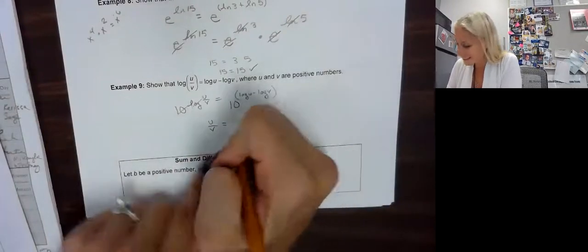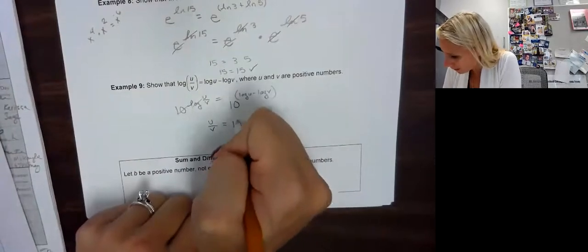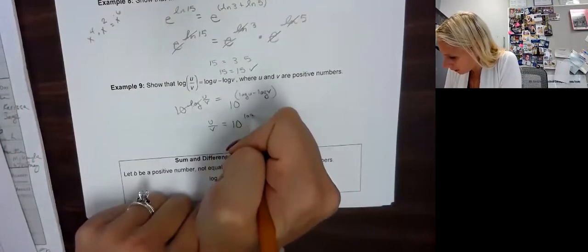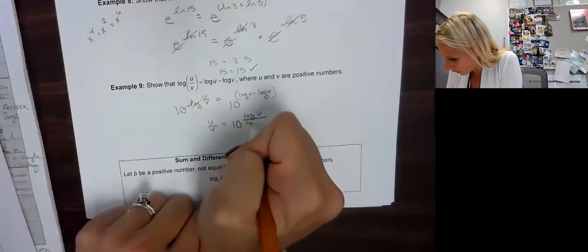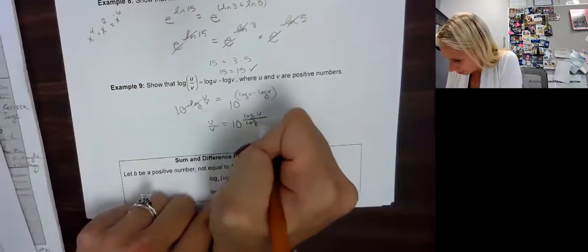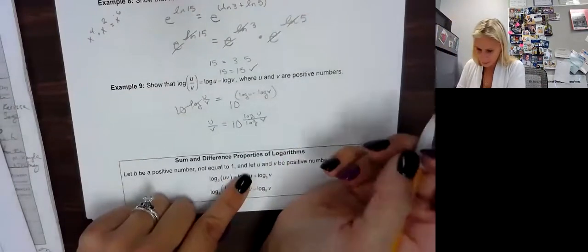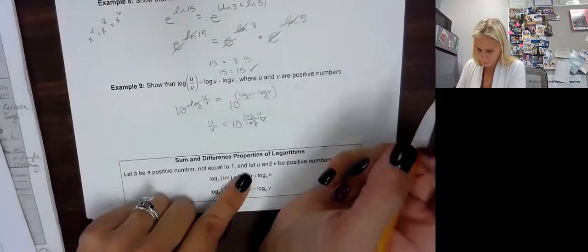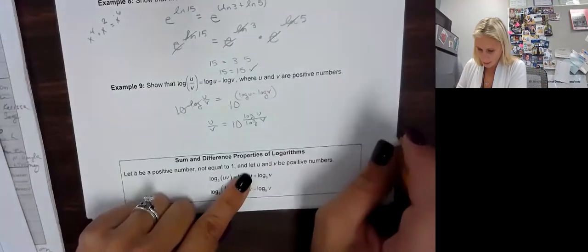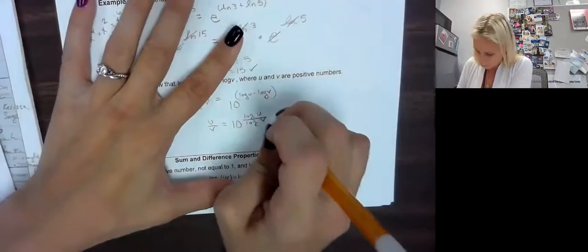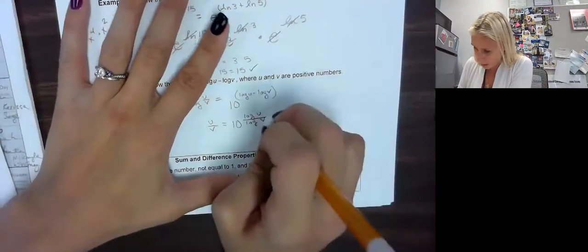Subtraction means division. So 10 log base u all over log base v, right? Nope. Said this wrong. Hold on. Let me look at my work for a sec. Because subtraction would be u over v.